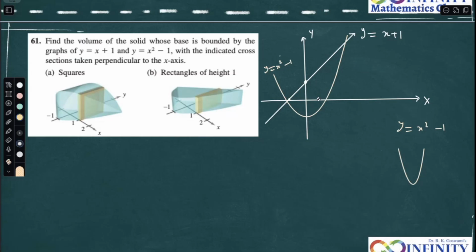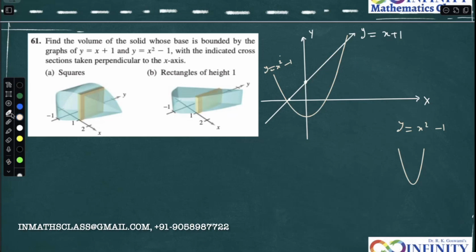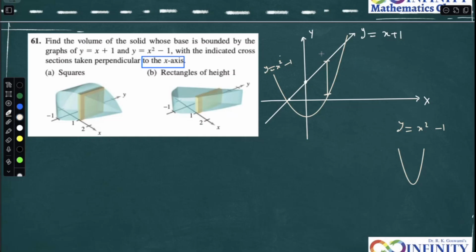Yes, this is actually the area you should be focusing on. Now, they have taken a cross section perpendicular to the x-axis. Perpendicular, that means this is what I'm expecting. Any doubt? No doubt. So these points are going to be a and b.